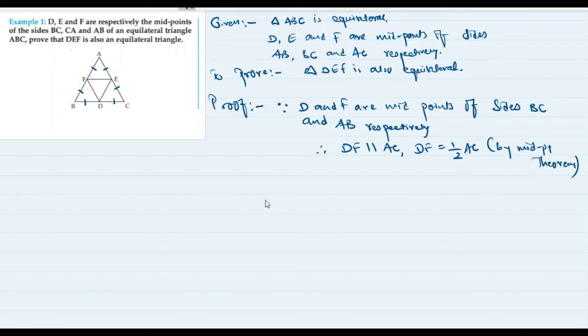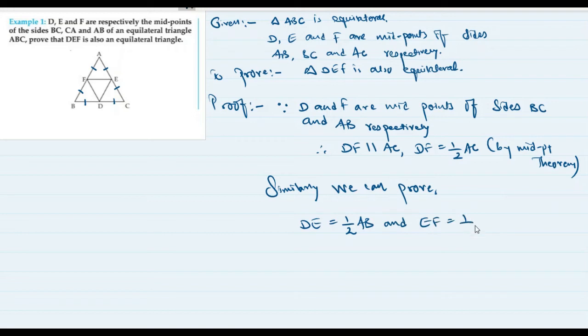Okay, so we applied the midpoint theorem and we proved that DF is half of AC and DF is parallel to AC. Similarly, we can prove that DE is half of AB and EF is half of BC.